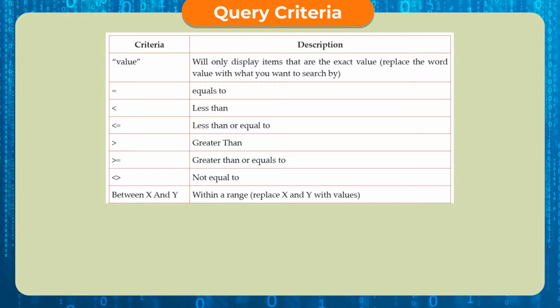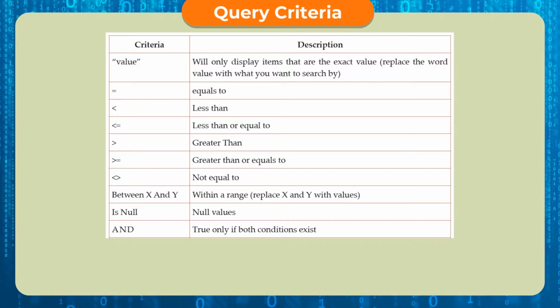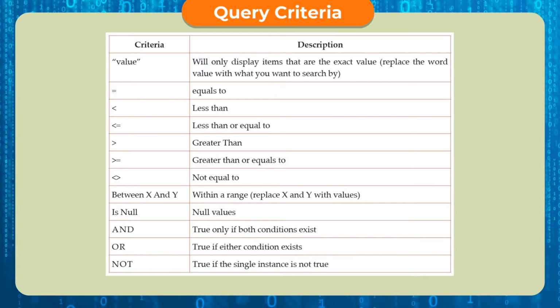Replace X and Y with values. Is null: null values. And: true only if both conditions exist. Or: true if either condition exists. Not: true if the single instance is not true.